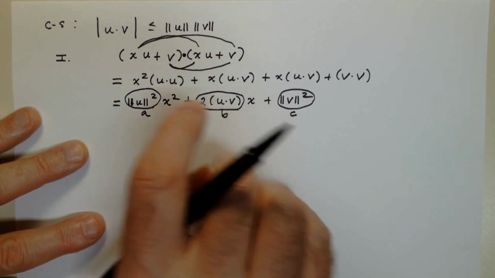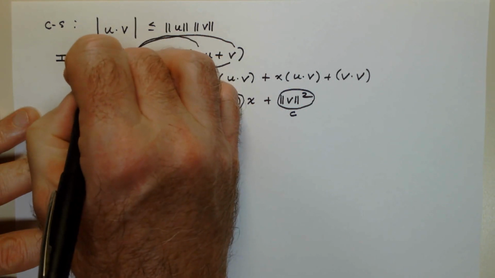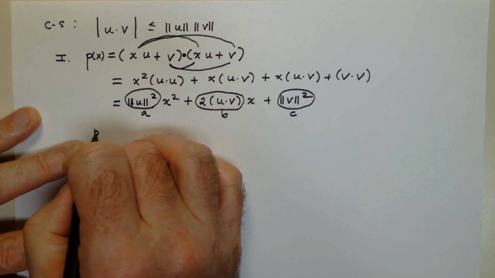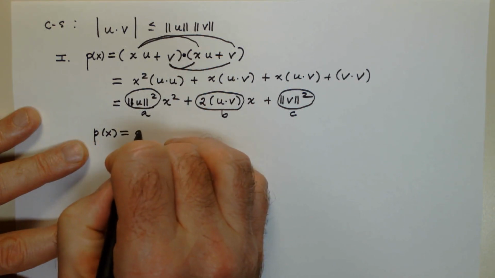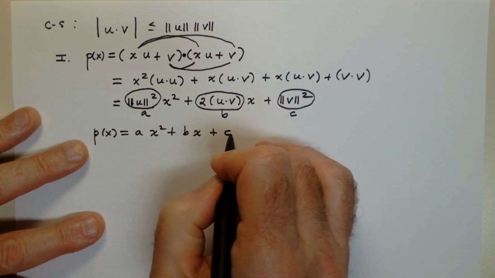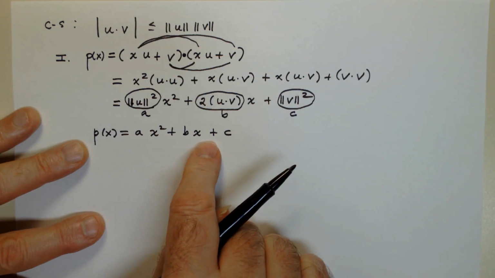I'm going to call this p of x. So the result of this dot product is a quadratic polynomial.